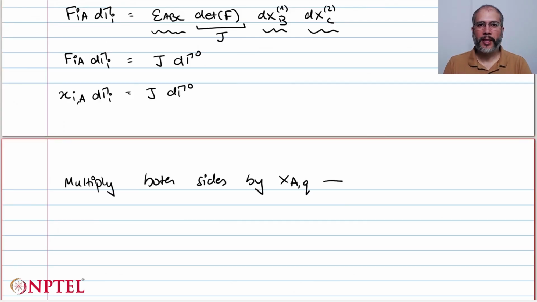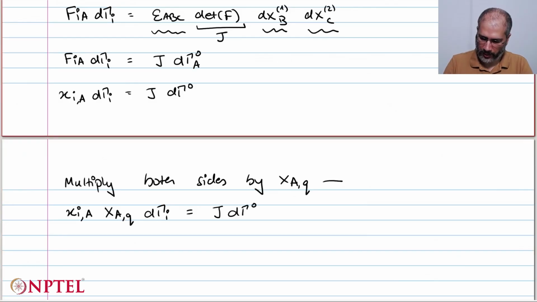Now further, I'll multiply both sides by X_a,q, that is the F inverse matrix. So on the left hand side, I have x_i,a times X_a,q times dΓ_i, and the right hand side is J dΓ_0. Well, there's an index a that I missed. Remember, area is a vector, times X_a,q.